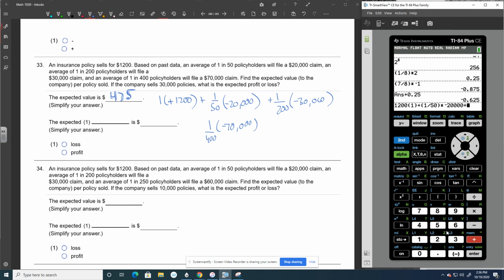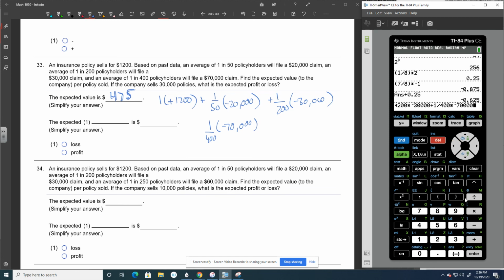And then I would add the 1 out of 200 times the negative 30,000. And I would keep going until I got all of those put in. I guess I'm almost there, so we might as well add the 1 out of 400 that's going to get negative 70,000.